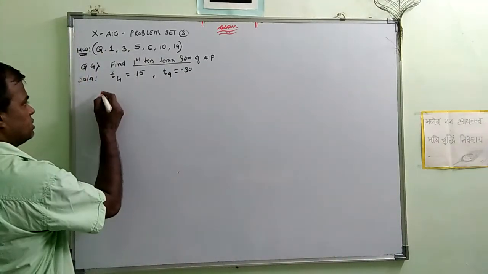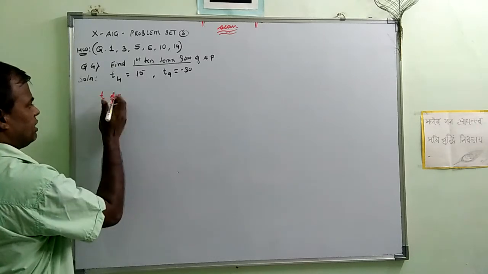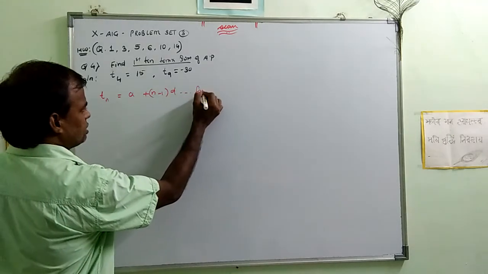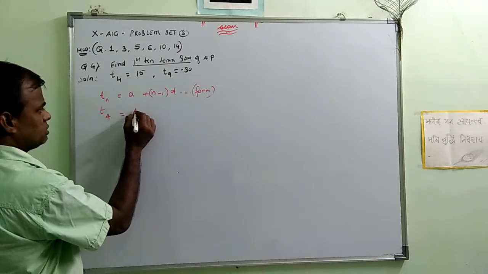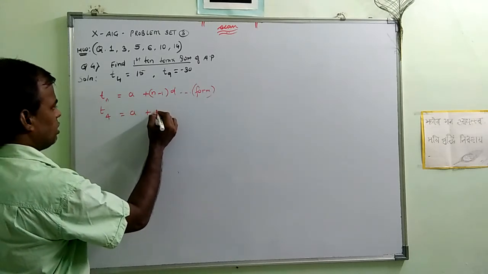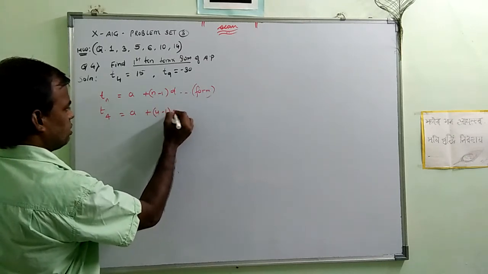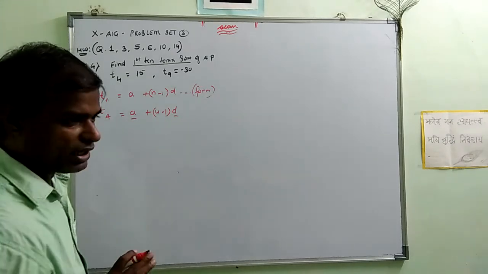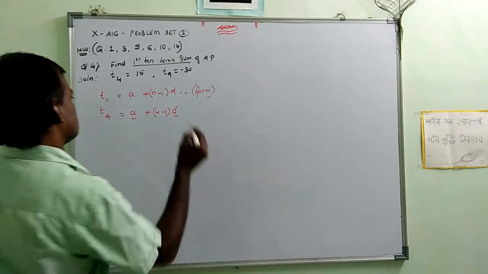So T4 given is 15, but T of n means a plus n minus 1 into d. This formula. So T of 4 equals a plus 4 minus 1 into d. Now what is a and what is d? They have not told that a and d are the first term and common difference. So we have to suppose here.